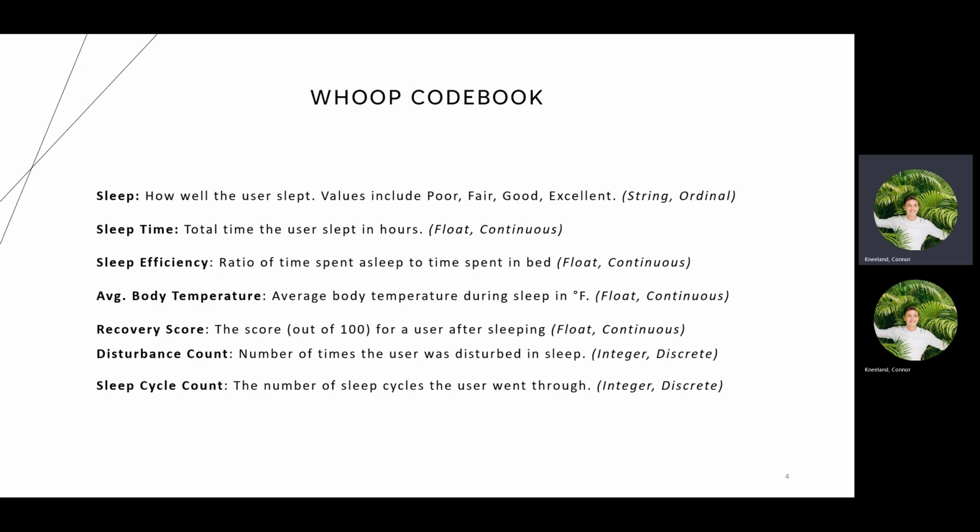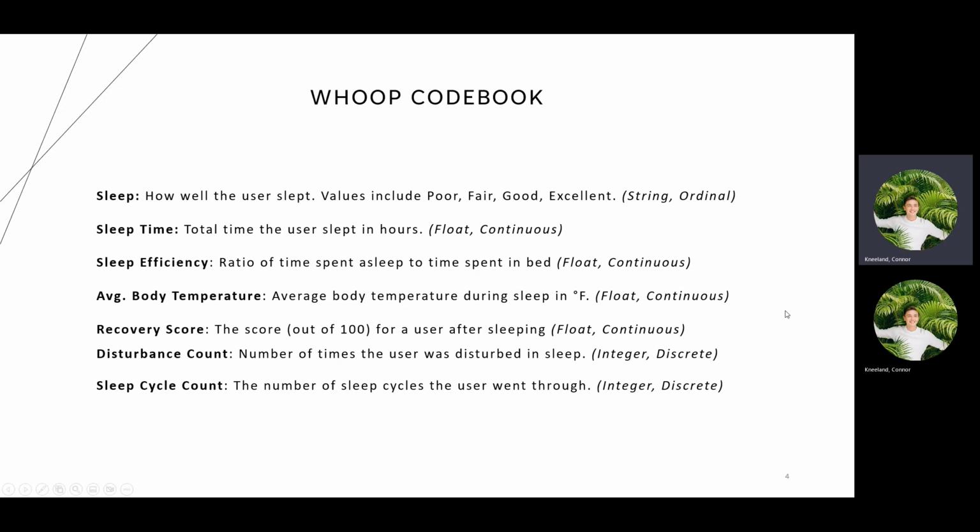The recovery score out of 100 for a user after they slept and woke up the next day. The number of times the user was disturbed in their sleep, and even the sleep cycle count, so how many cycles they went through, whether it's light sleep, deep sleep, or REM sleep. And there's a whole lot more information that Whoop gives. This is just a partition of what the code book would be.